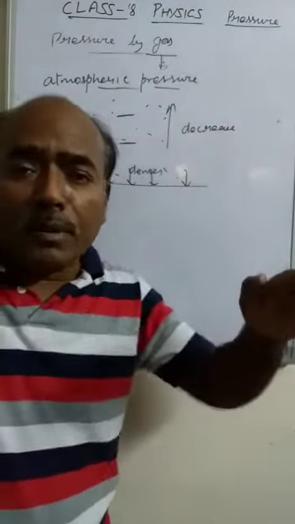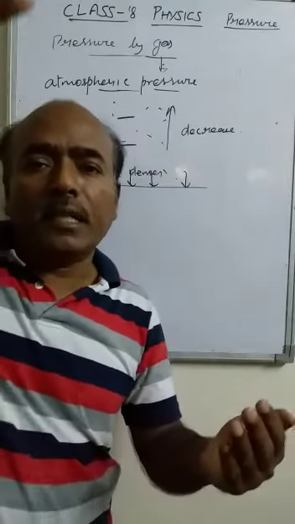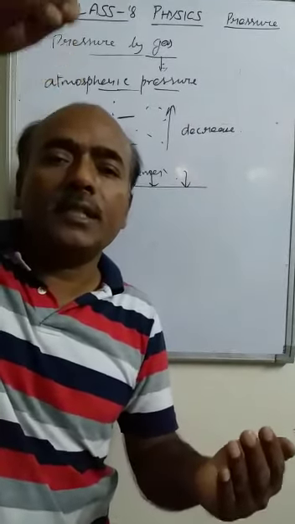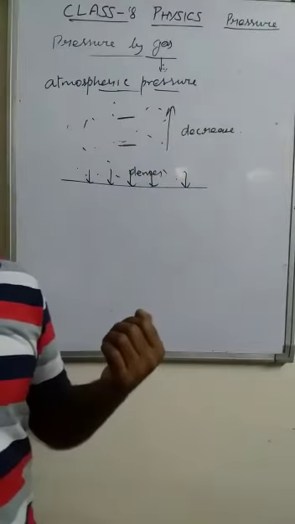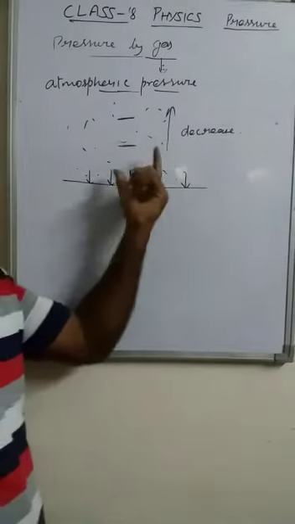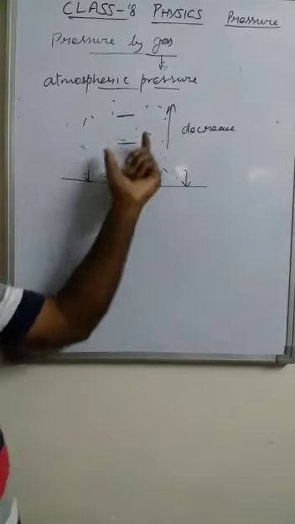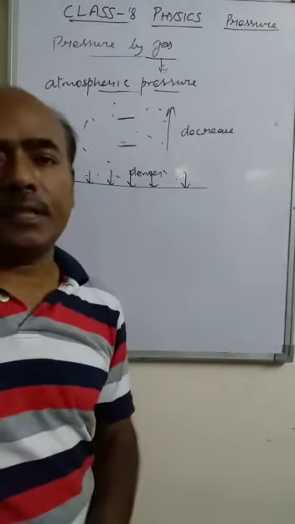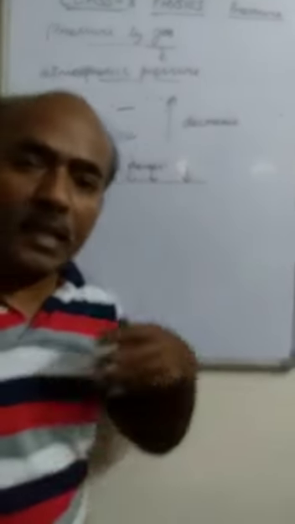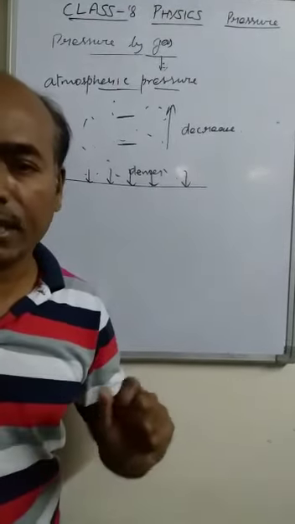So for a normal person, the atmospheric pressure is just equal to the blood pressure. That is related to atmospheric pressure. And some other examples are also there for this atmospheric pressure, that we'll see in the next video.